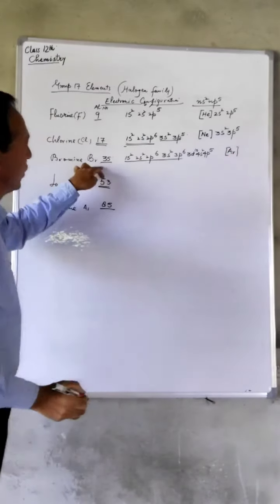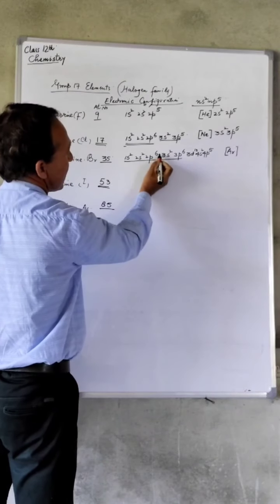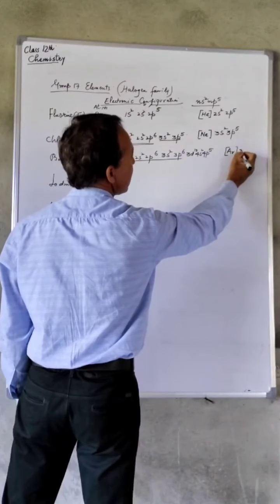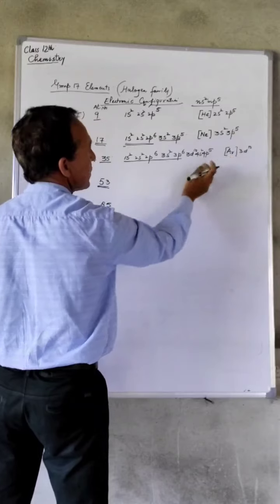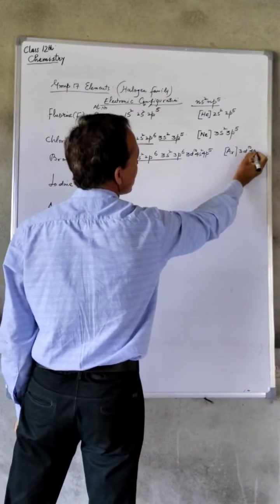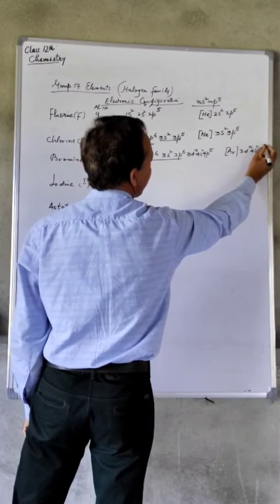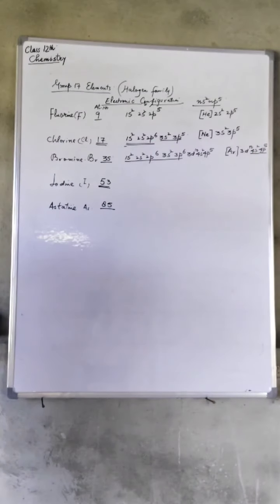So counting 2, 4, 10, 12, 18, then we have 3d10, because 18 is the electronic configuration of argon, then 3d10, 4s2, 4p5. So the outer shell electronic configuration is 4s2, 4p5.